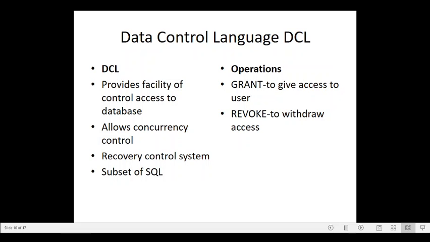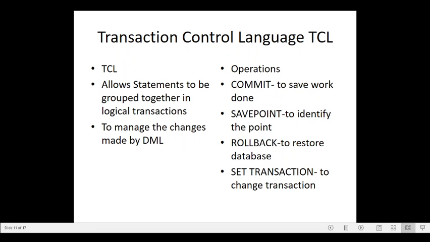Likewise, revoke to take away privileges from the user. To add a comment to the dictionary, we use the comment command. So in order to control the access to the data by the users, data control language is used.